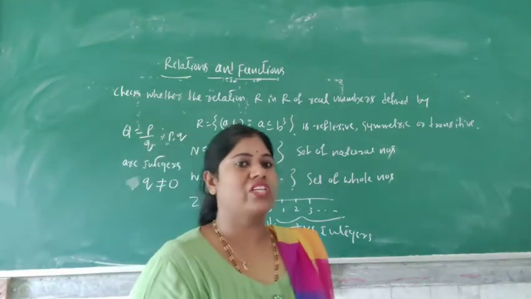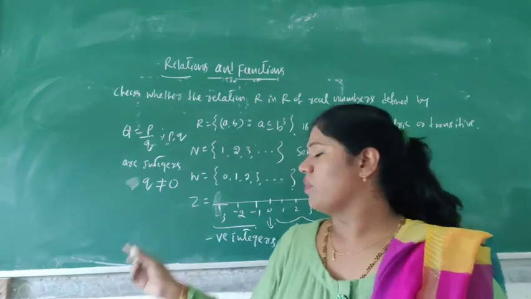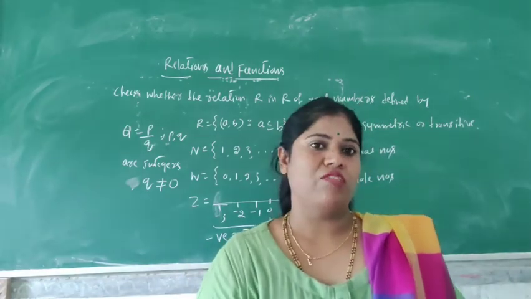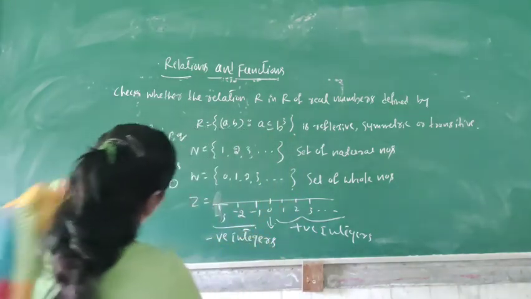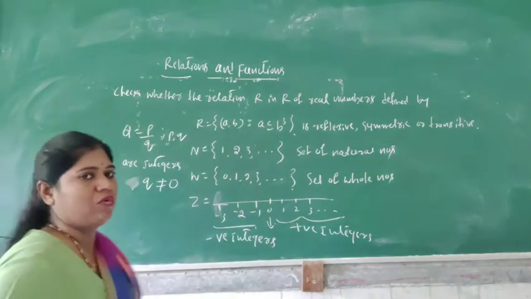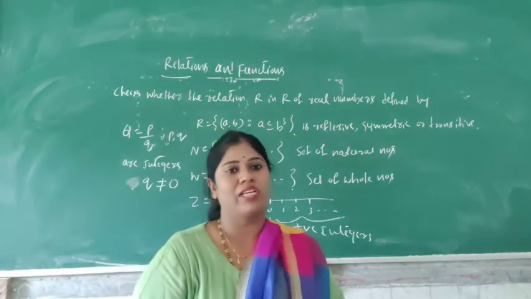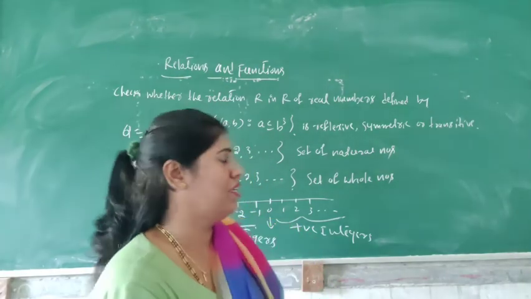Rational numbers should be expressed in the form of P by Q, where P and Q are integers and Q should not be equal to 0. Then only it is called a rational number.